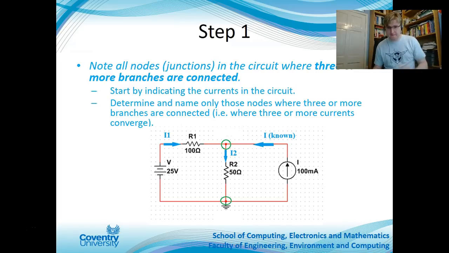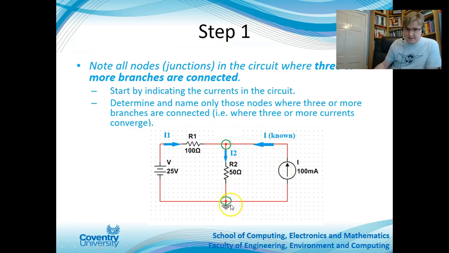Step 1, we note all our nodes in the circuit where 3 or more branches are connected. This node here is where V and R1 meet, so we don't need to note that. That one there is an unknown because that goes straight into there. The 2 nodes we're looking at are this one here where R1, R2 and I meet, and this one down here where V, R2 and I meet, and the ground meets as well.